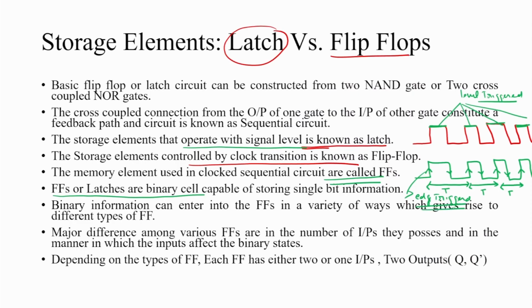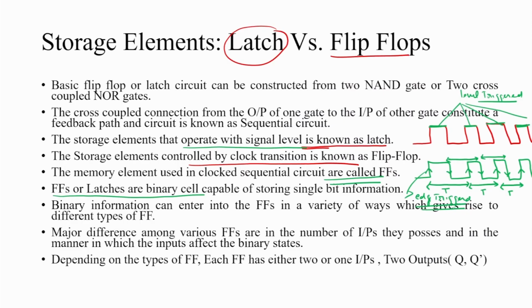That means they start functioning either from a leading edge or from a falling edge. When the circuit behaves on a falling edge, the clock cycle is completed this way. Similarly, for the falling edge, it starts from here, then another clock cycle is this, and so on.